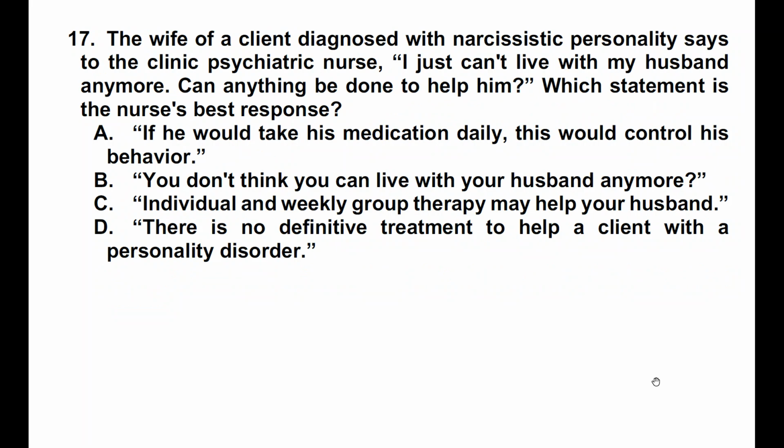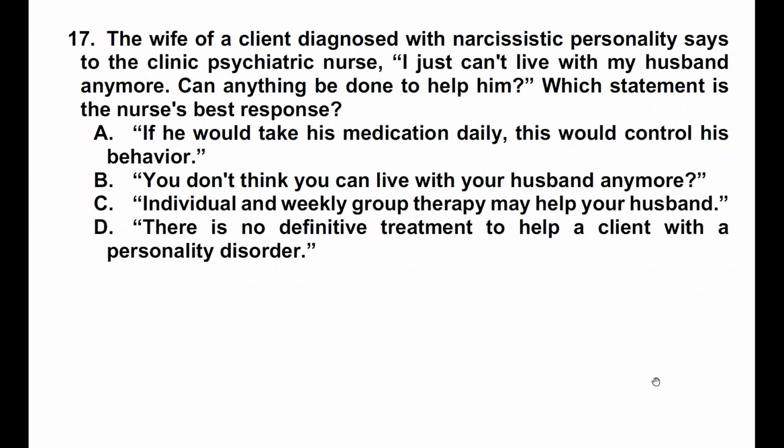17. The wife of a client diagnosed with narcissistic personality says to the clinic psychiatric nurse, I just can't live with my husband anymore. Can anything be done to help him? Which statement is the nurse's best response? A, if he would take his medication daily, this would control his behavior. B, you don't think you can live with your husband anymore? C, individual and weekly group therapy may help your husband.